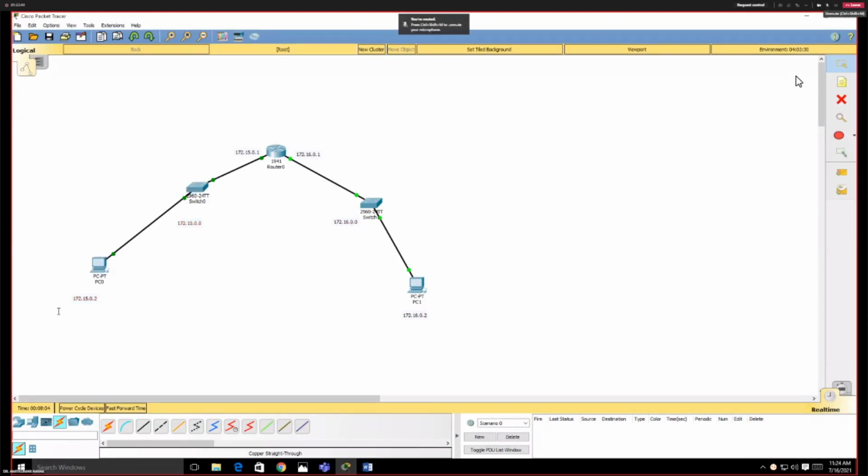In each LAN only one host is there, connected with the router via a switch. The leftmost interface of the router indicates IP address 172.15.0.1 and the rightmost interface indicates 172.16.0.1. Any question about the topology?